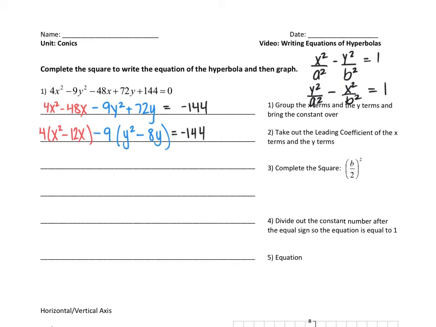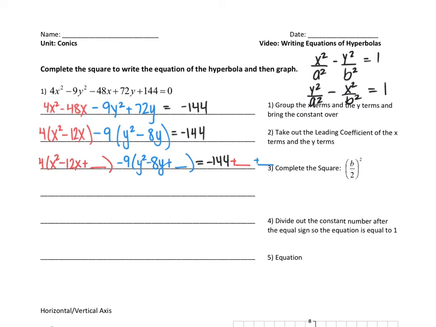And now we have to complete the square. So we're going to leave some space to make a perfect square trinomial in the x's. We're going to leave some spaces with the y's, and we're going to make perfect square trinomials with the y's. And we're going to make sure that we even it out on both sides. So remember, half of b.